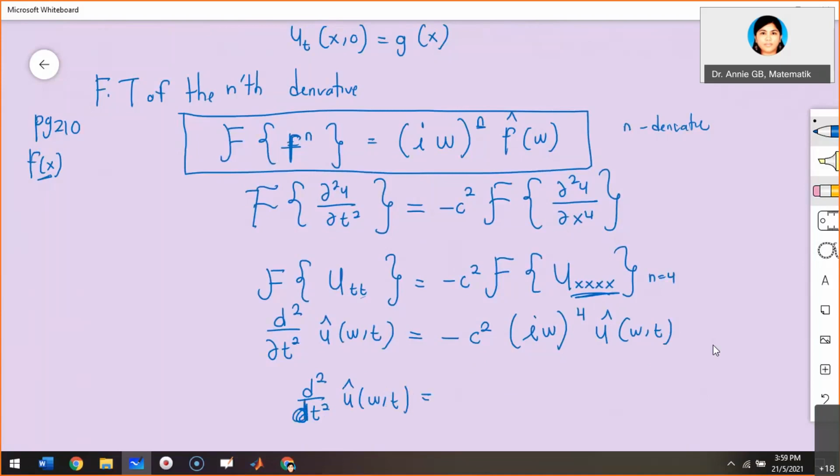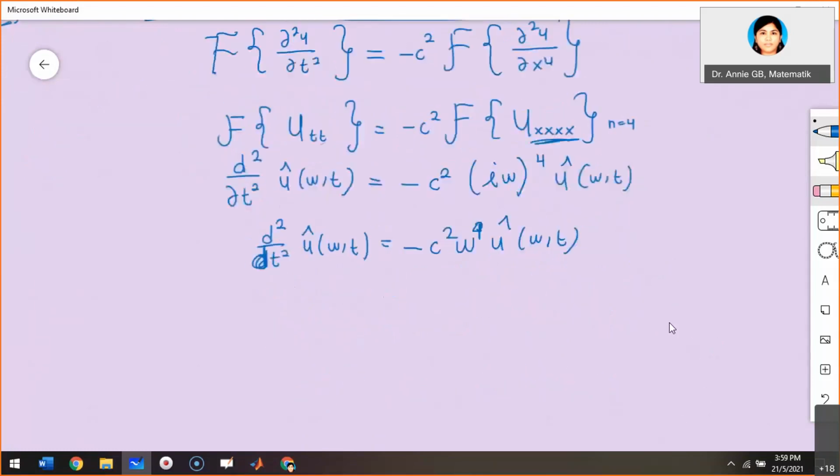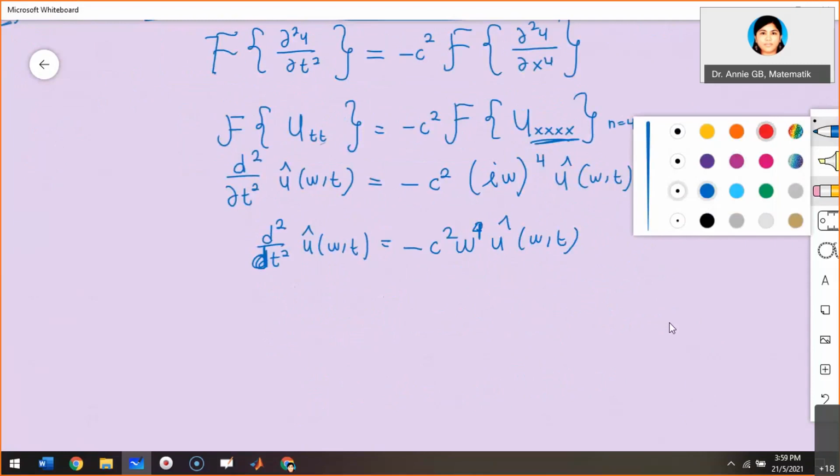So we have negative c squared omega to the power 4, u hat omega t. Okay, now what is this? Ni equation yang kita dapat.